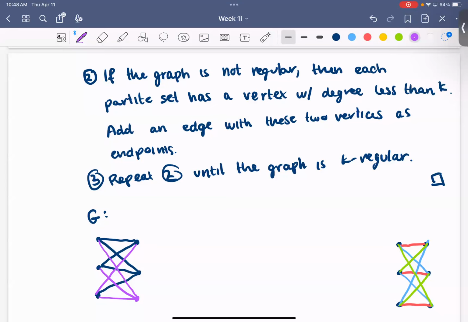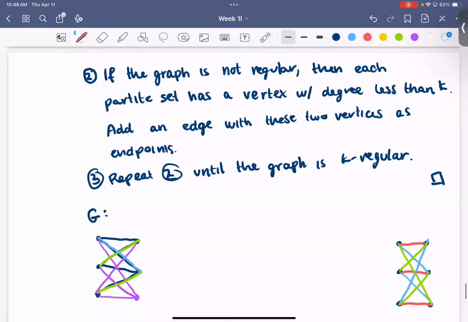Okay, so now I have this, and I've filled out G to become K33. I have an edge coloring of K33, so I'm going to use that to get an edge coloring of my original graph G. All I'm going to do is copy the colors over. So that edge becomes green, that edge becomes green, this edge is blue, and then the other 2 are red.